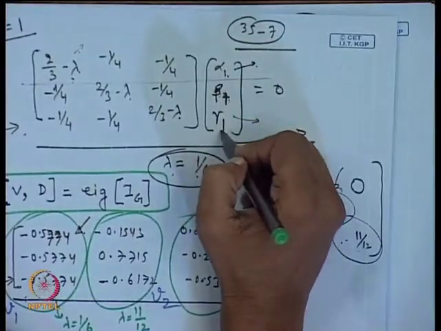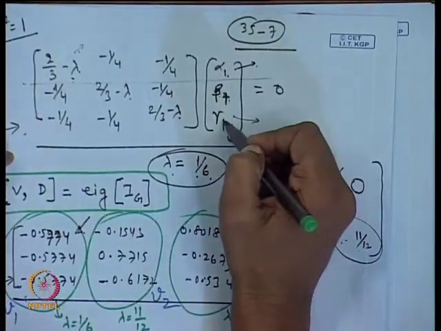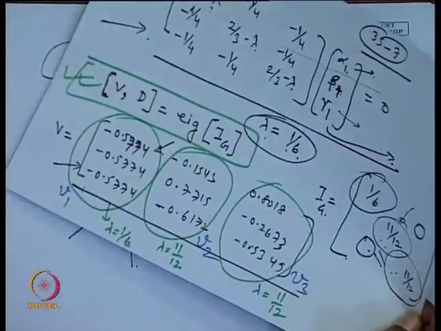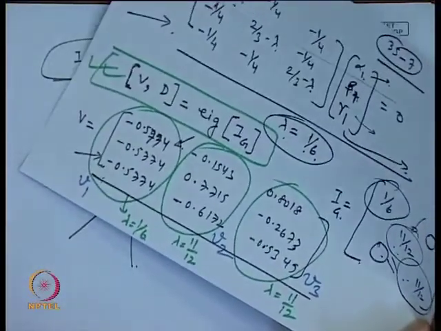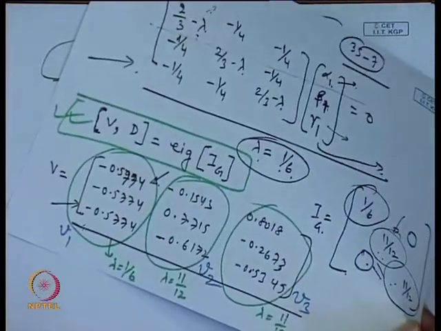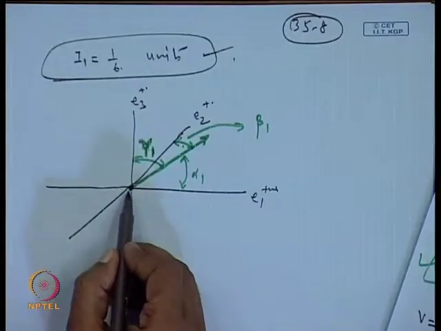Alpha 1, beta 1, gamma 1, whatever we are getting, they are all cosine values. So, working out all of them, you have to just take in the negative direction.